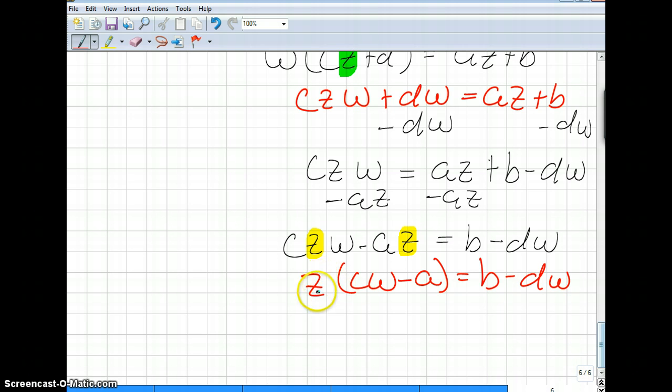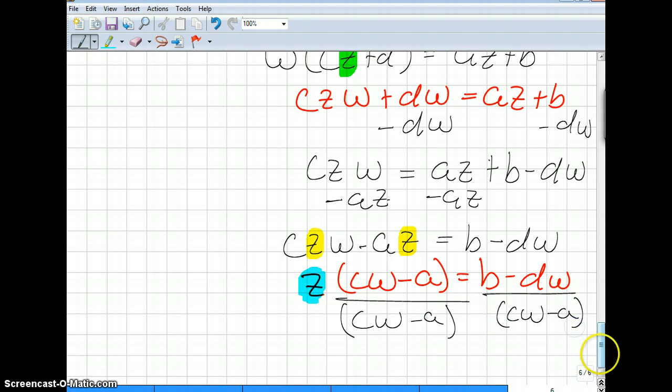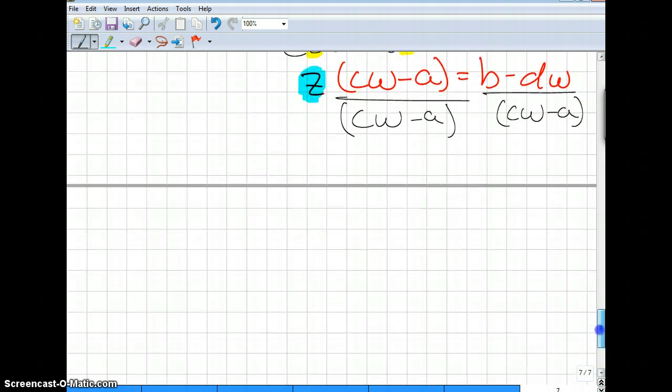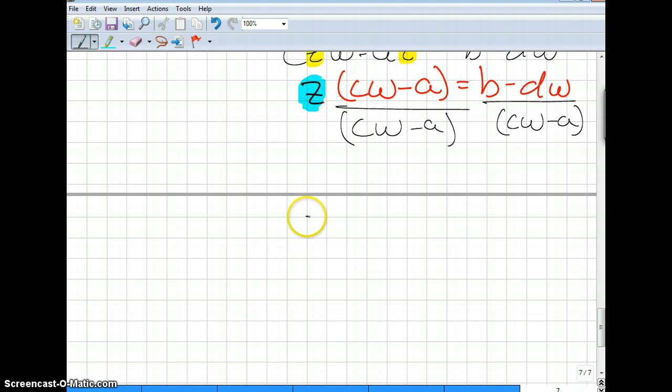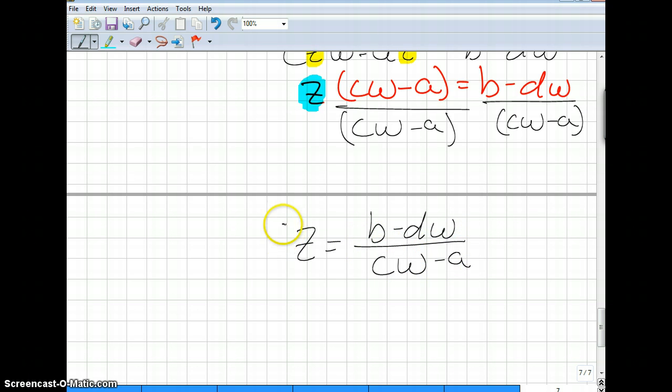Now, to get Z all by itself, I just divide by the parenthesis. But if I do it to one side, I have to do it to both sides. So my final solution is Z is equal to B minus DW over CW minus A. So this is solved in terms of Z.